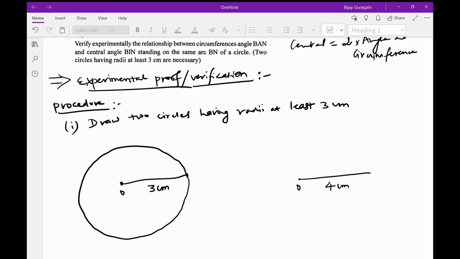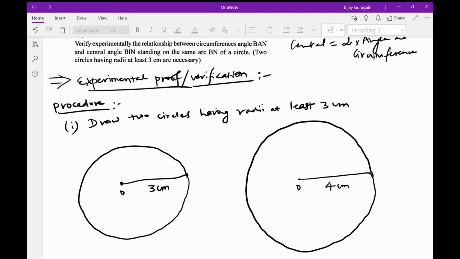This we have to measure from the scale, and placing the compass on the center O and the other side at the end here, we will draw another circle. So these are the two circles. I'm not sure whether this is a good circle or not, so let me draw it once again. I'm drawing this by hand here, but you have to draw using a compass.